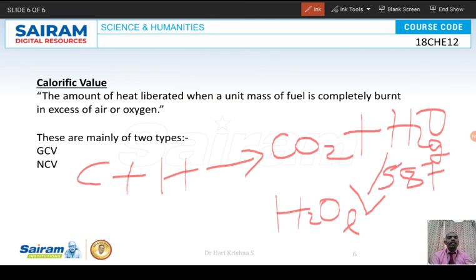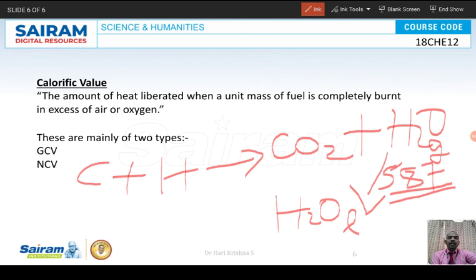Here, water vapor is cooled to liquid water. So latent heat: when 1 gram of water vapor is cooled to get the liquid, some amount of energy is liberated. That energy is called the latent heat of steam or latent heat of condensation. So for 1 gram, how much is liberated? 587. So this 587 is the latent heat of steam or latent heat of condensation.